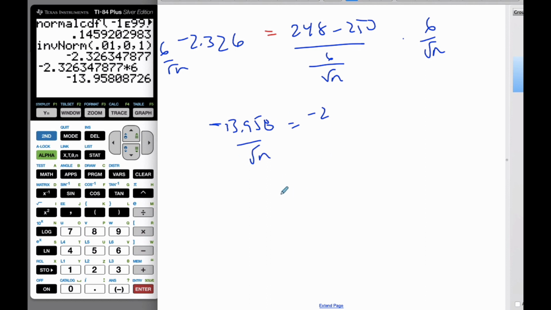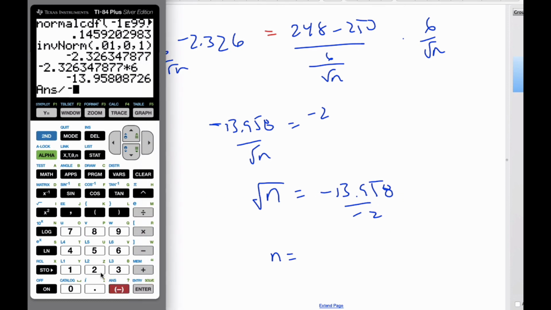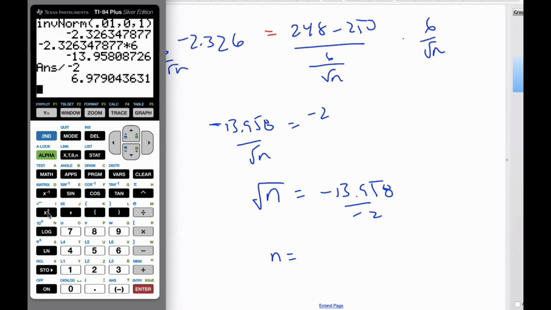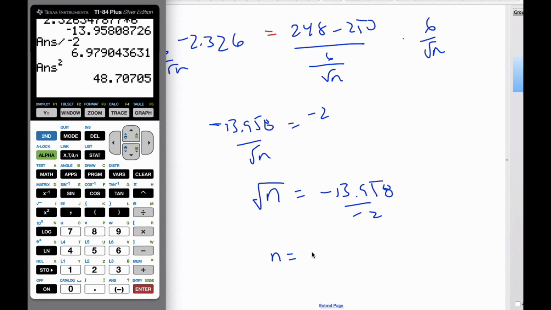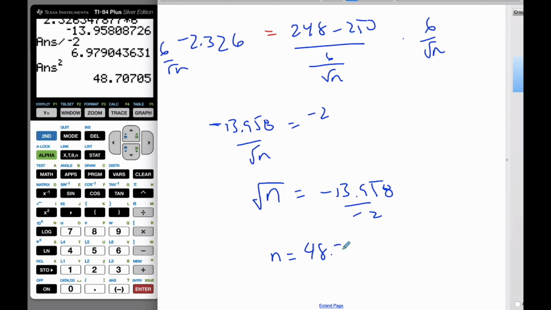I know then root n is equal to 13.958 over negative 2. And so n will be, if I divide this value by negative 2 and square it, 48.7.